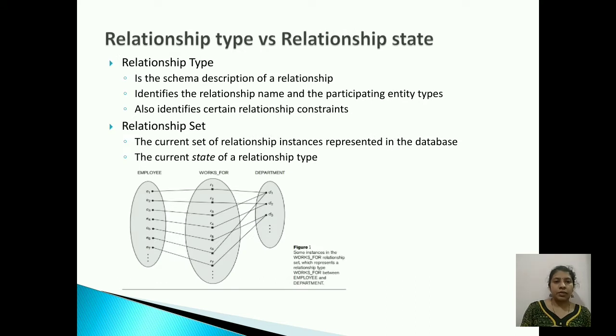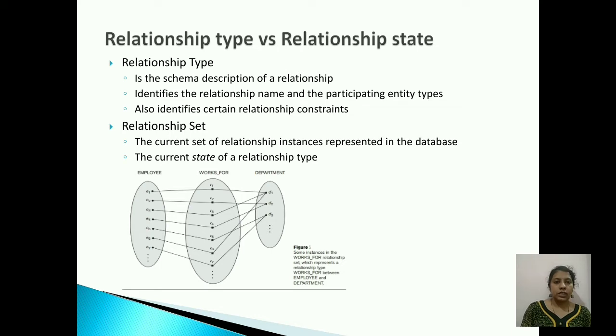Now we'll see the difference between relationship type and relationship state. Relationship type gives you the schema description of a relationship, and it identifies the name of the relationship and all the participating entities in the relationship.